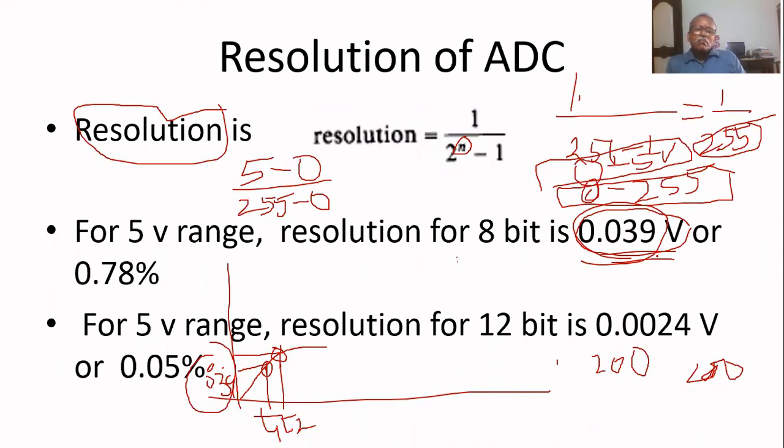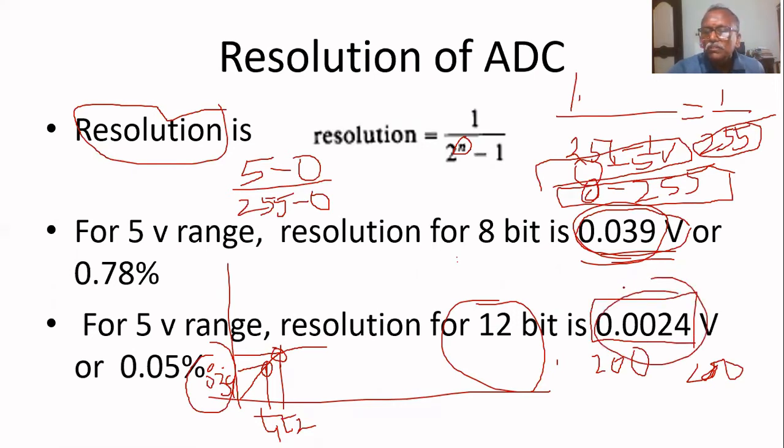or 0.78%. So the percentage 0.78, less than 1%, is the resolution. For example, instead of using 8-bit, suppose you are using 12-bit, the smallest value that can be sensed by an ADC is 0.0024 volts.